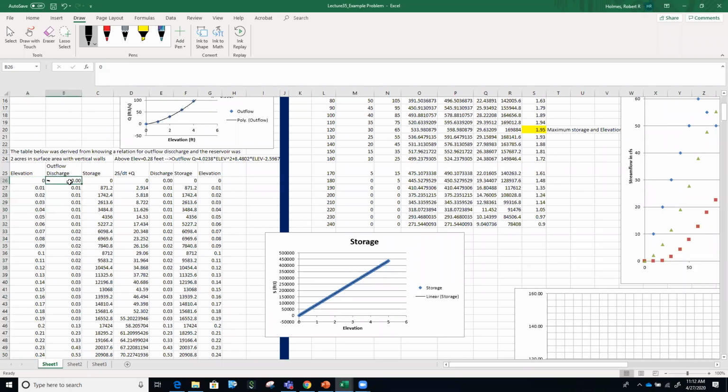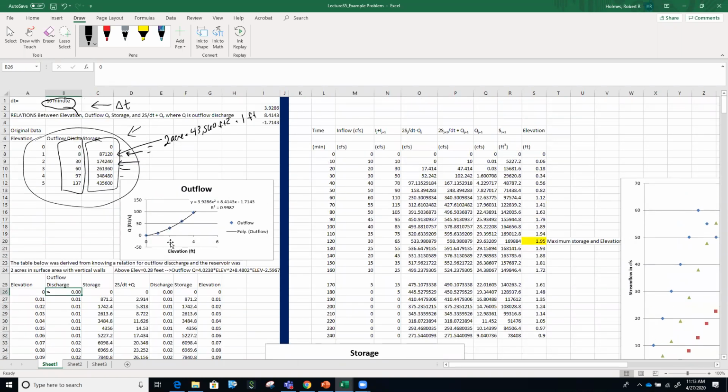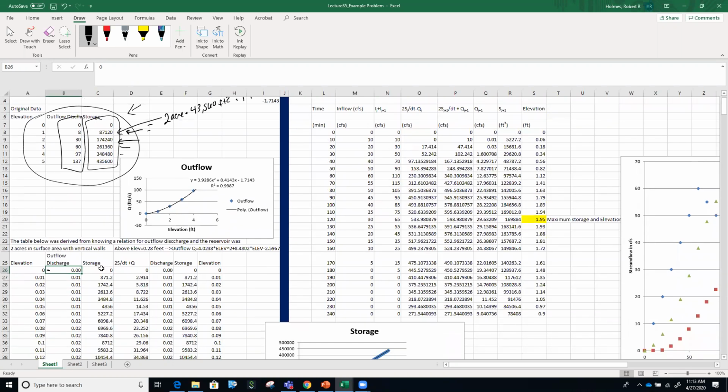Column B is just the outflow discharge, which is just turning this relation of elevation versus outflow into a more detailed value of discharge for every 100th of a foot. The same thing is done with storage. Here I don't even have to interpolate, because if you look at the equation at this end, I'm just multiplying 2 times 43,560.